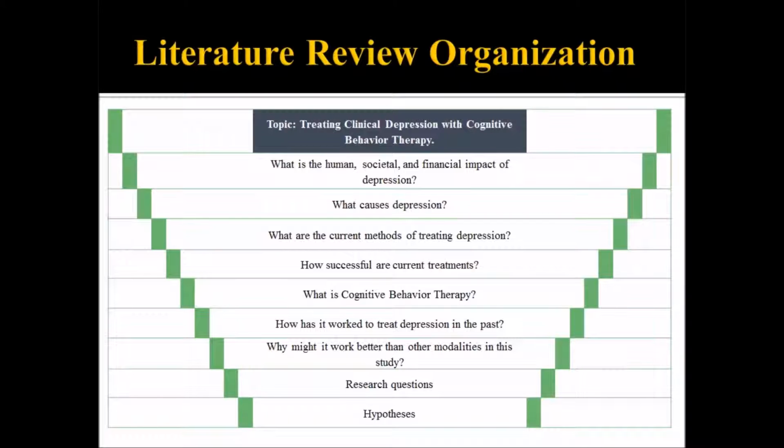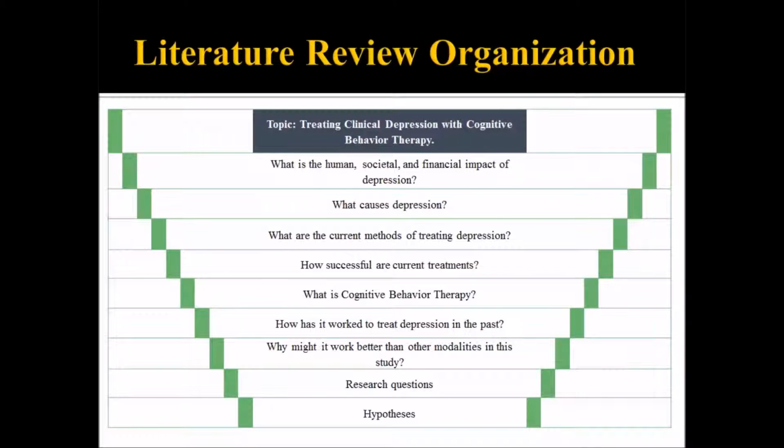So I have an example here of a topic: treating clinical depression with cognitive behavior therapy. Of course, it would be no surprise that there are many, many articles that cover this. I'm just using this as an example to show you how to organize a literature review. After introducing your topic, the next level down might be: what is the human, societal, and financial impact of depression?